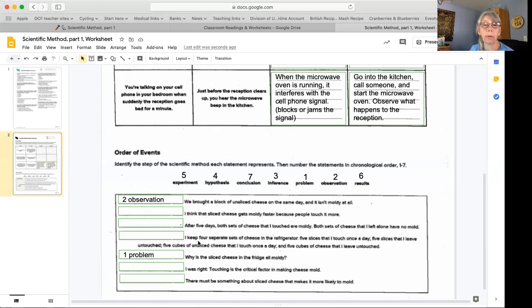I keep 4 separate sets of cheese. After 5 days, how do we get 5 days later already? No, we're still here on day 1 when we notice the sliced cheese is moldy and the unsliced cheese is fine. So if that's true, then I would say there must be something about sliced cheese that makes it more likely to mold. Nobody's telling me that. I just figured it out myself.